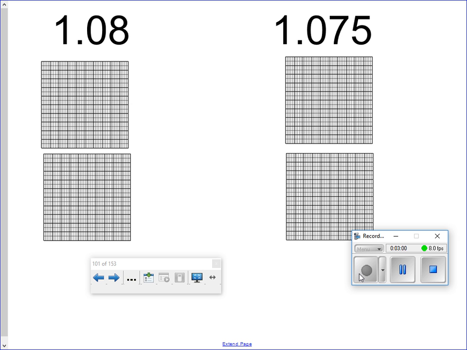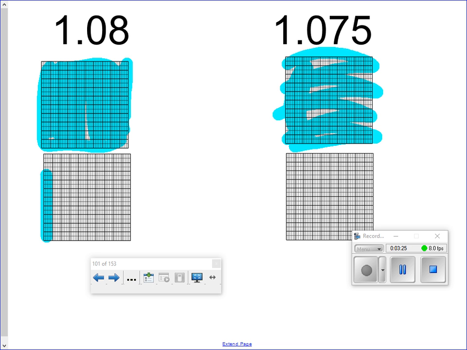Models can be very helpful when comparing decimals. So our first number is 1 and 8 hundredths, which would be 1 whole, and 8 hundredths, which would be just that much. Our second number, 1 and 75 thousandths, again 1 whole, but only 75 thousandths, which means we have 7 hundredths and then just 5 little thousandths.